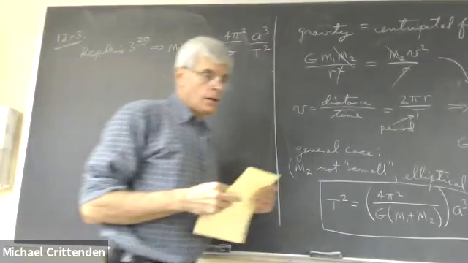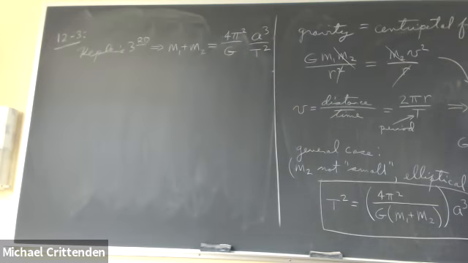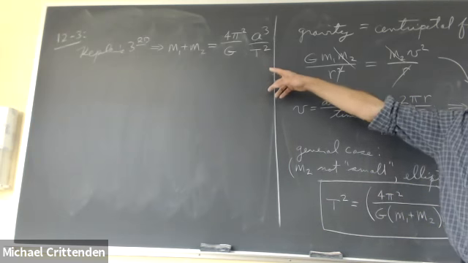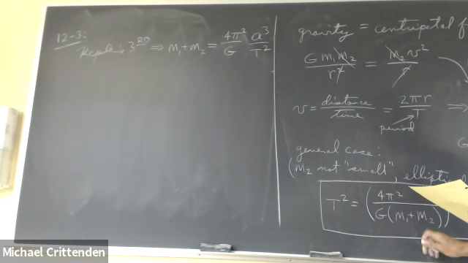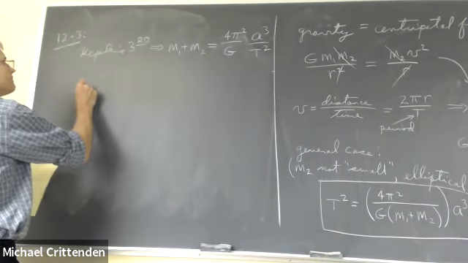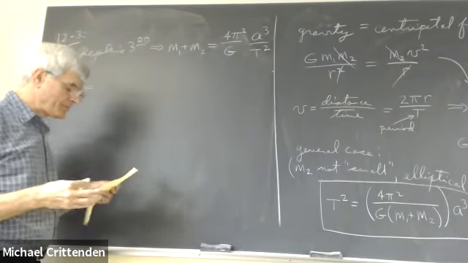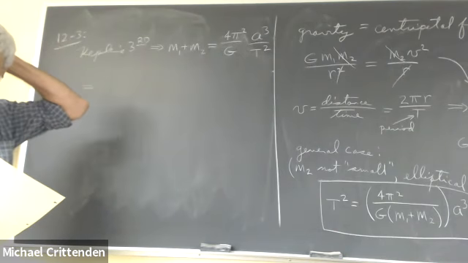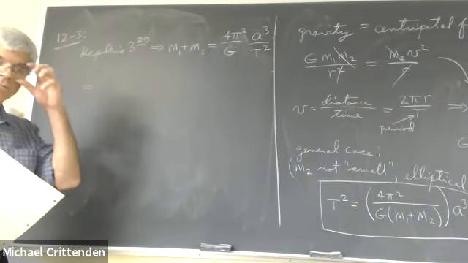So I didn't bother to write out, only be a couple lines anyhow, but I took this thing here and I solved it for the thing the question's asking for. M1 plus M2 equals, I multiplied both sides by the total mass. I divided both sides by t squared, and it gave me this. So once you realize that's what you have to do, it's just sticking numbers in. But they are kind of ugly, cumbersome numbers.